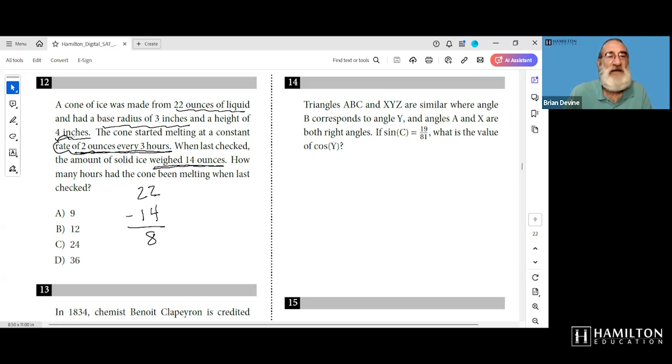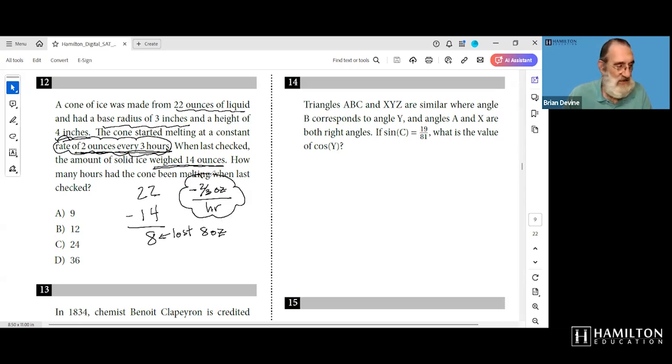Well, we look at this rate of 2/3 of an ounce per hour. I mean, that's what it said, that it lost this much over the time that it melted. And it was going down by -2/3 of an ounce per hour, which is the same as -2 ounces every 3 hours.